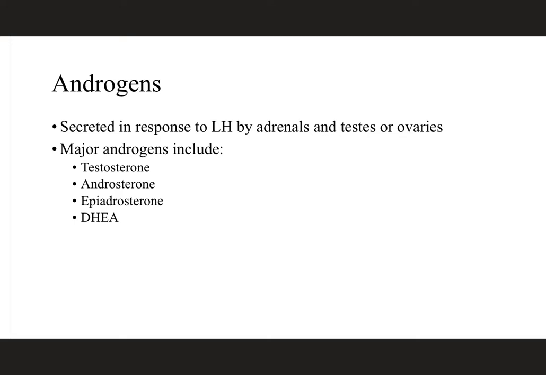Androgens are 19 carbon steroid hormones, and these represent more of the male sex hormones, particularly testosterone, although females do have androgens present. They have roughly two thirds as much and considerably less of the testosterone. But we also talk about androsterone, epiandrosterone, and DHEA as well.